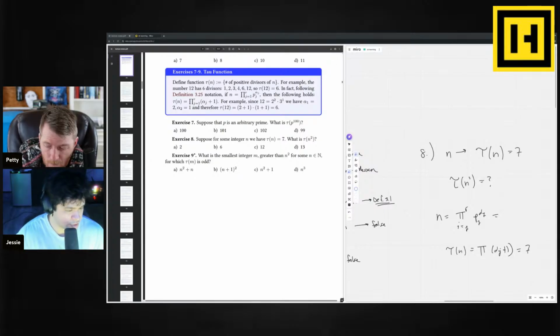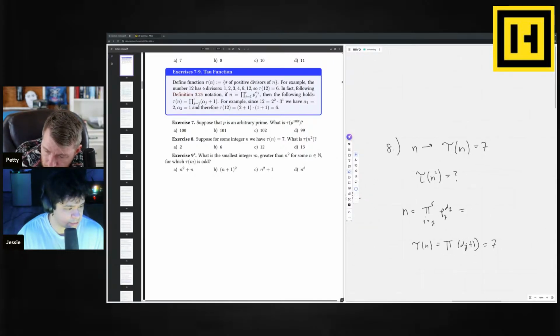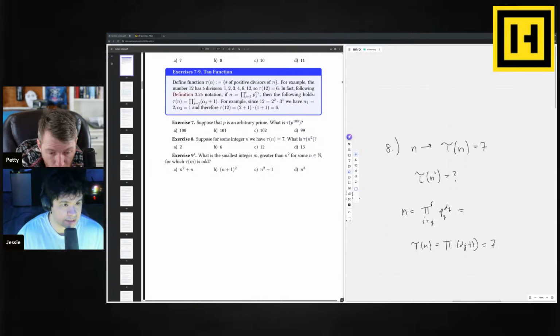So I just ChatGPT'd it. So if you have tau of n equal to 7, you know that alpha sub j is 6. I got that far. And then you know that n is equal to p to the 6th power. And then you just take n squared, so p to the 6 squared, so it's 6 times 2.